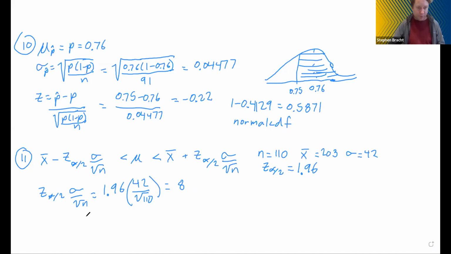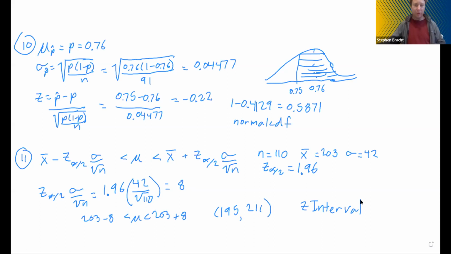And so now I have sample mean minus 8, sample mean plus 8, and that ends up being 195 up to 211. Okay. If you want to use the calculator, the function you would use is z interval. All right.